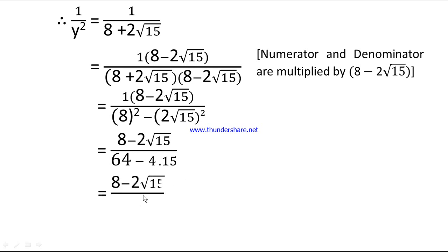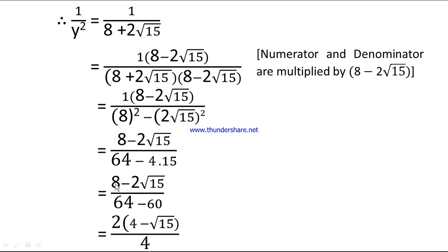Then the next line will be 8 minus 2 root 15 by 64 minus 60. Here the multiplication of 15 and 4, the product will be 60. And here we have to subtract 60 from 64, and the result will be 4.